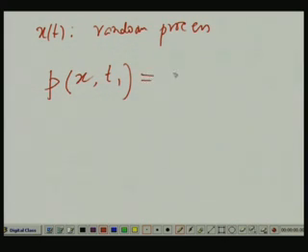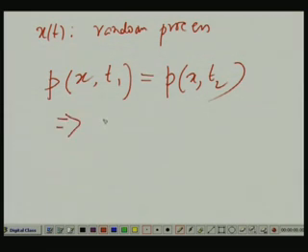That is, it should be the same as p x comma t2 and so on and so forth. You can take p x comma t3, p x comma t4 and like that, you should have the same thing. This is for individual densities. This means p x comma t is independent of t.